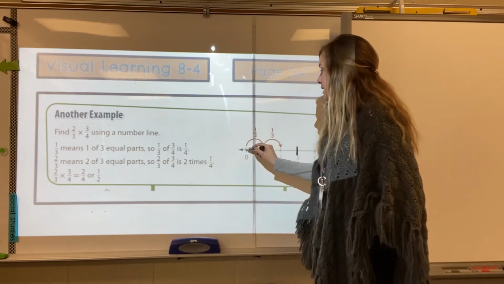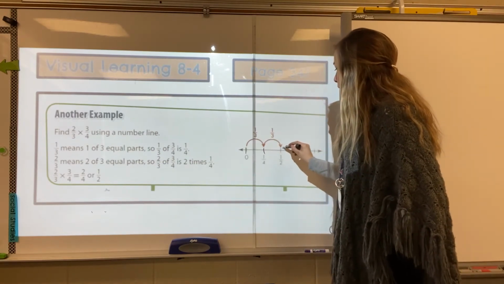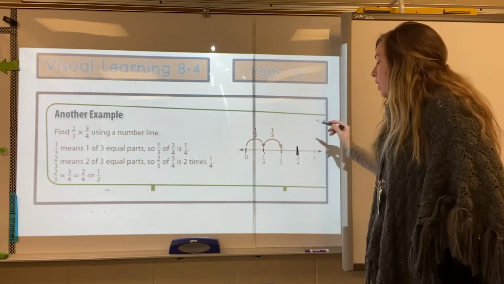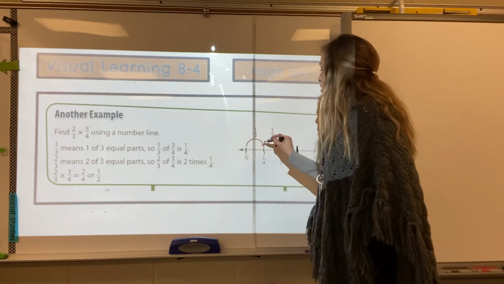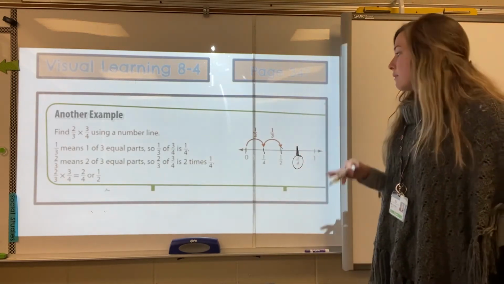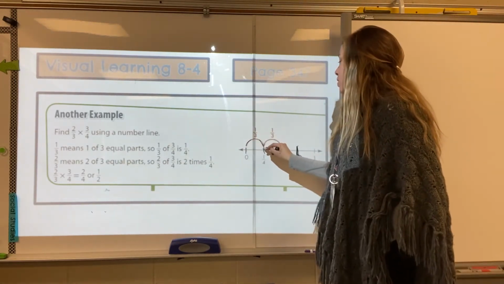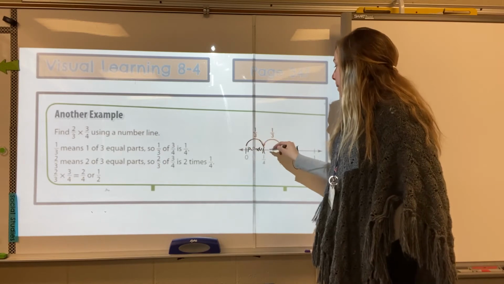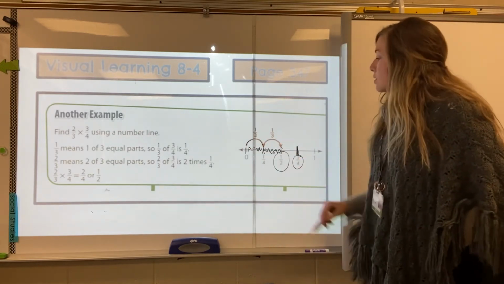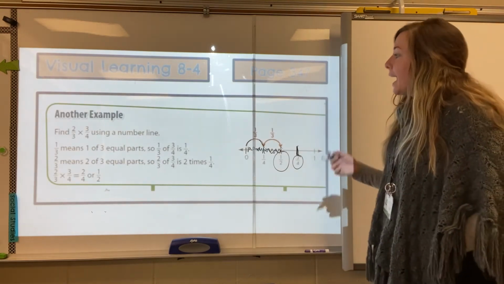So you'll see they did 0, 1/4, 1/2, 3/4. And so then each of those is a third, a third, a third of that 3/4. Now you only have 2 out of that third. So you're gonna have this first section, and this second section. So your final answer is going to end up being a half.